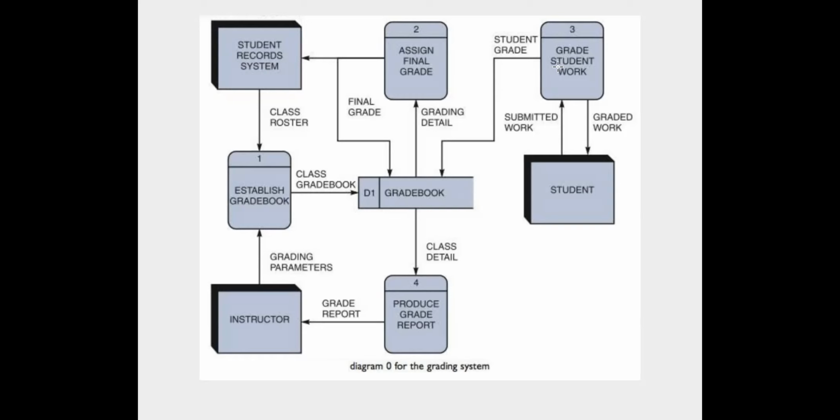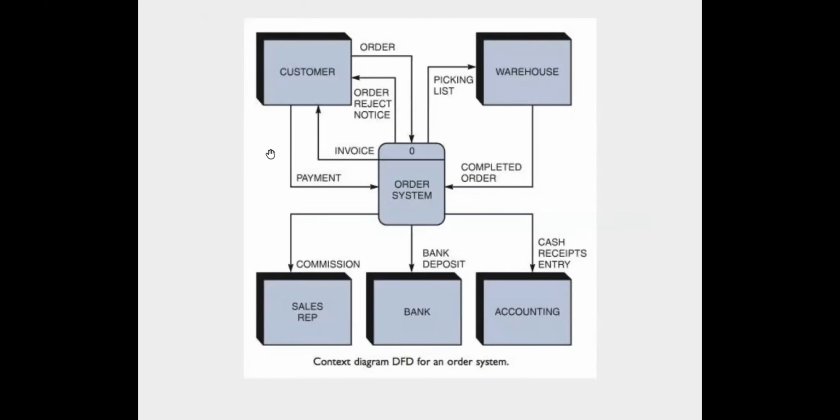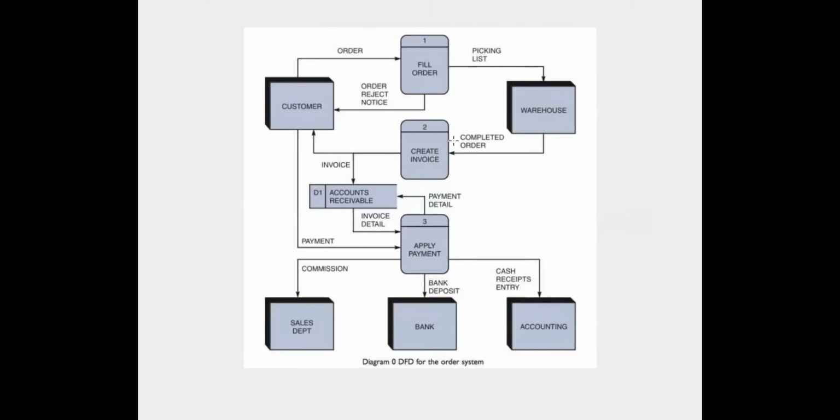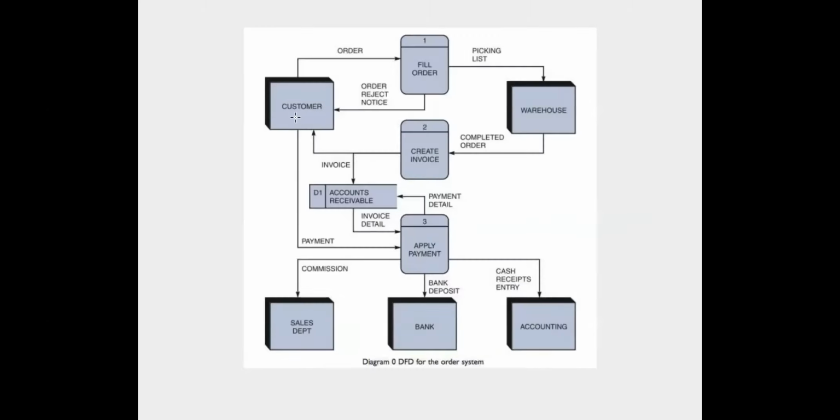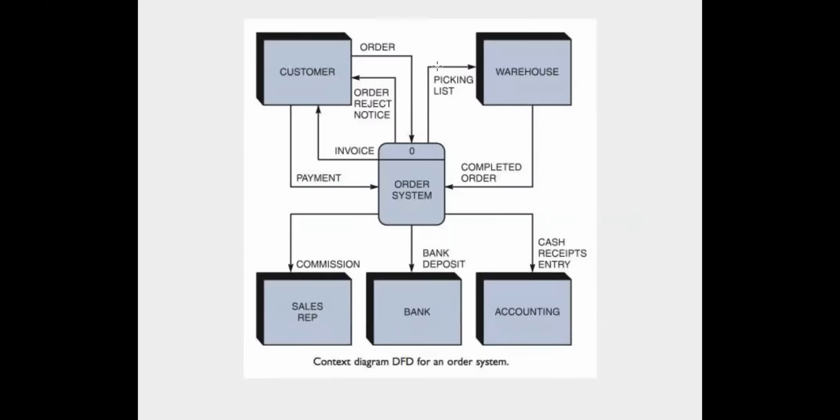And what you need to remember is that whatever data flows exist should be here as well. For example, here we have an order. There's a data flow from customer to order system, so you need to see it going from here to another sub-process here, right? So that should be there.